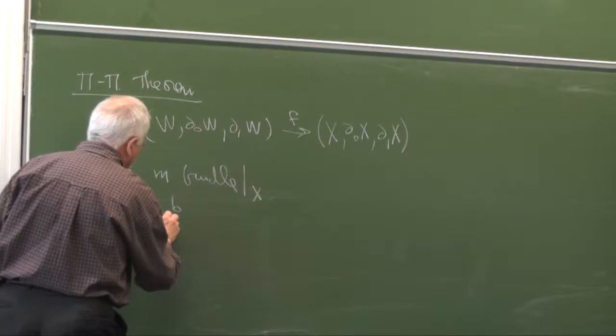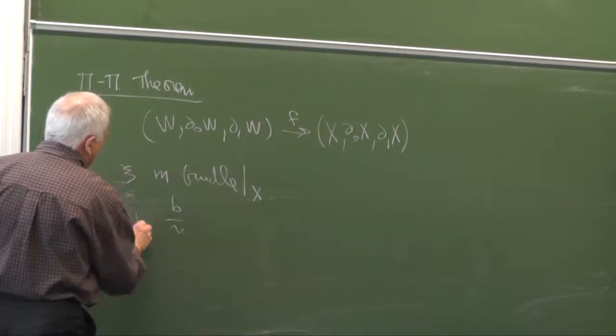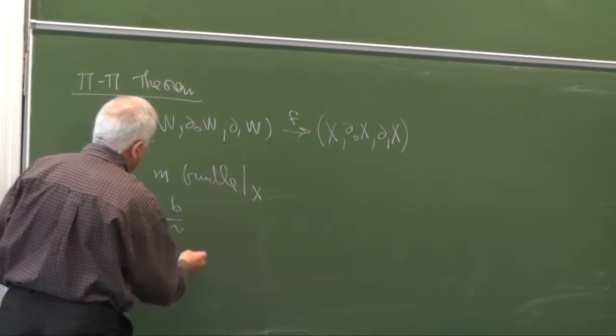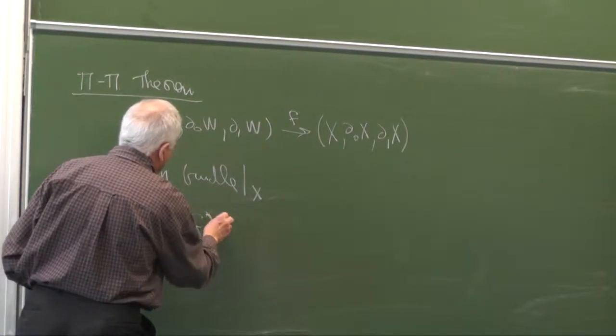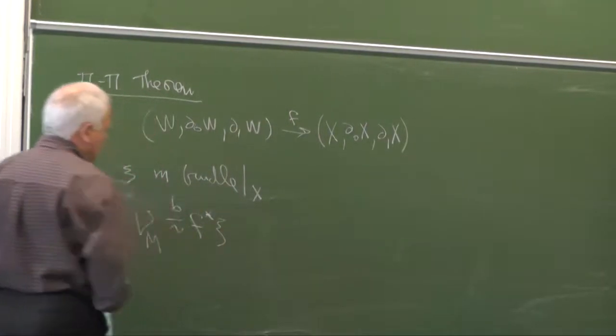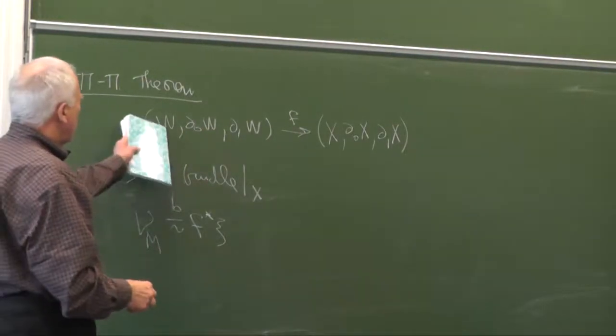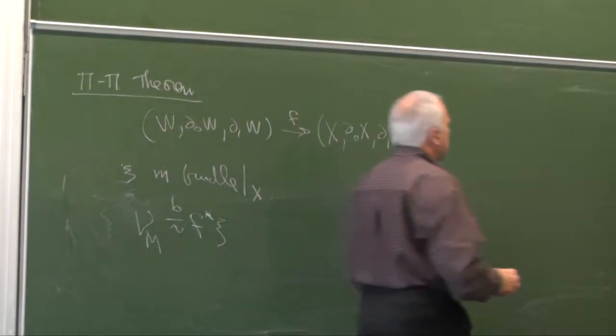B is a bundle isomorphism of the normal bundle of M with ξ. Now, the normal bundle of M is rel boundary.